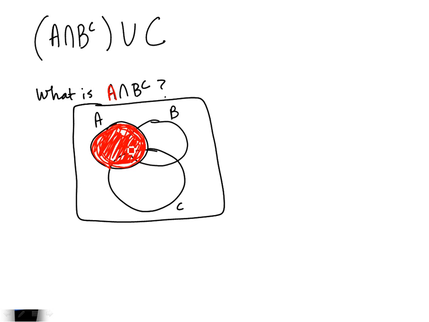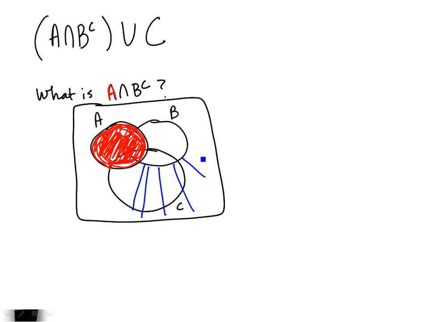Alright, and since it's an intersection of B complement, let's do B complement in a different color and look to see where the 2 colors overlap. Intersection means overlap. So let's do B complement in blue.